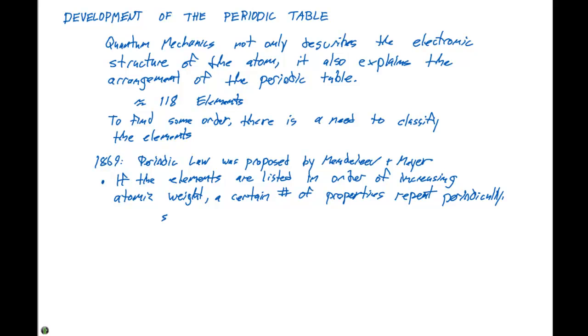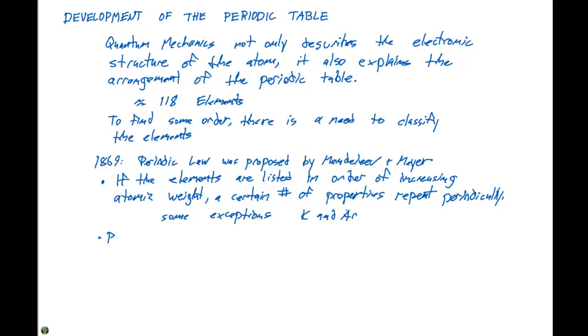Now, there are some exceptions to this. For example, if you look at potassium and argon, if you look at the periodic table, they are not ordered based on the atomic weight.